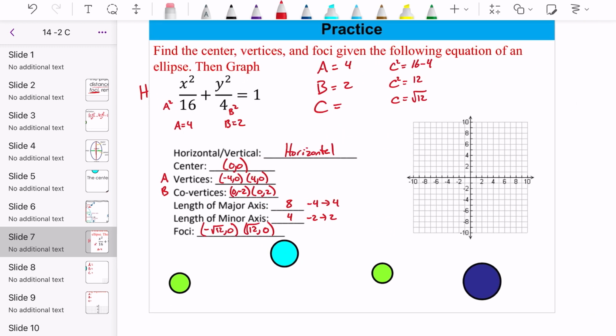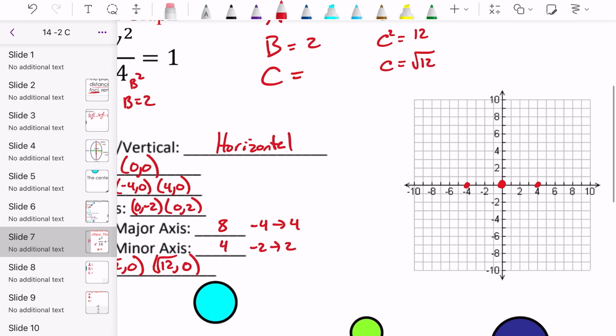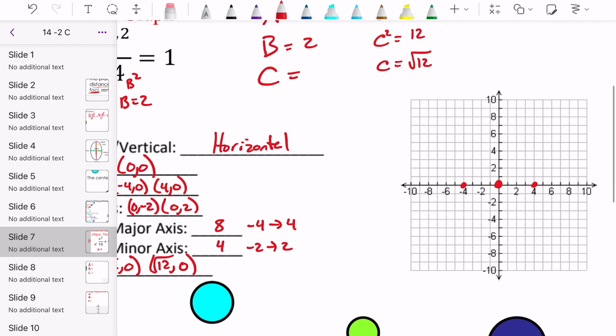Once you have this, you would go ahead and graph everything out. Keep in mind, we're starting off at (0, 0). Our first point would be at positive 4, negative 4. Our co-vertices would go up to 2 and down to 2.